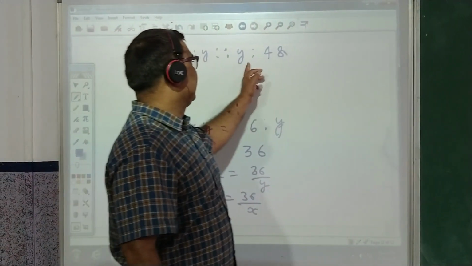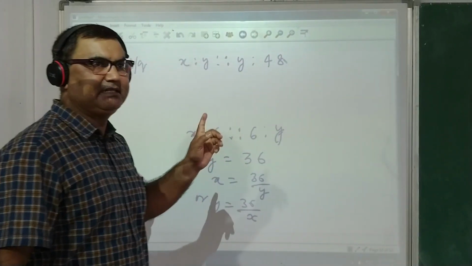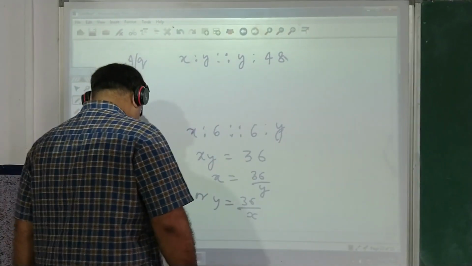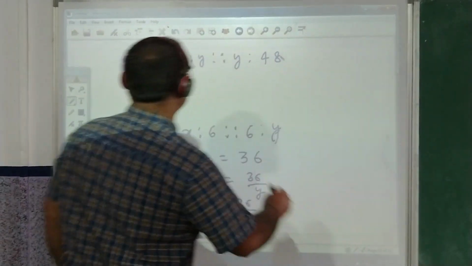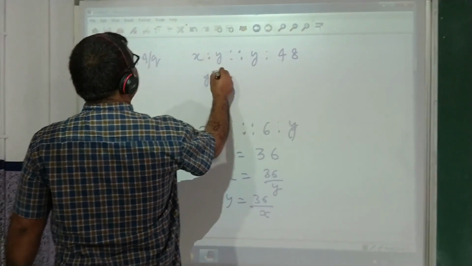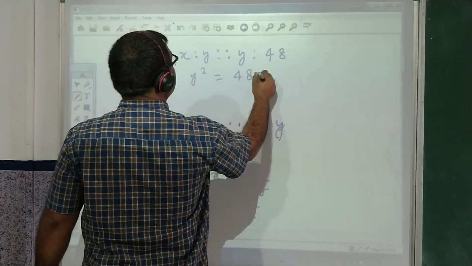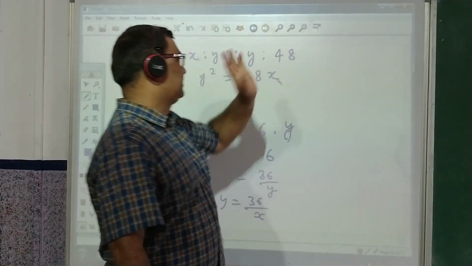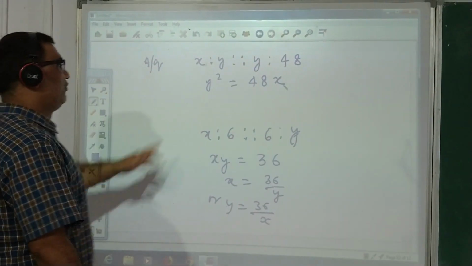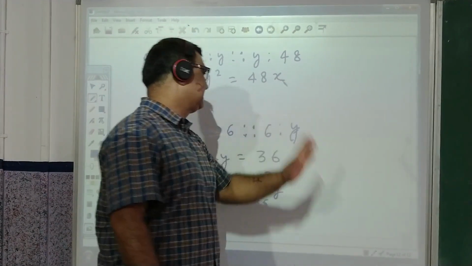The first, second, third: 48 is the third proportional to x and y. So now can I say y square equals 48x? Product of means equals product of extremes. So y square is equal to 48x.